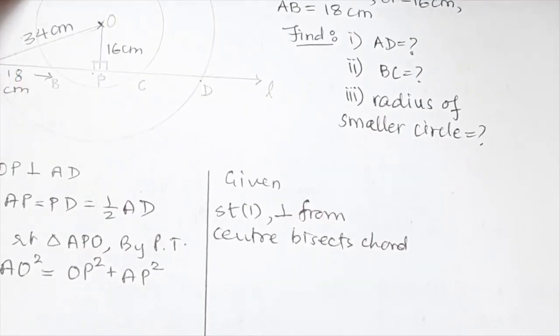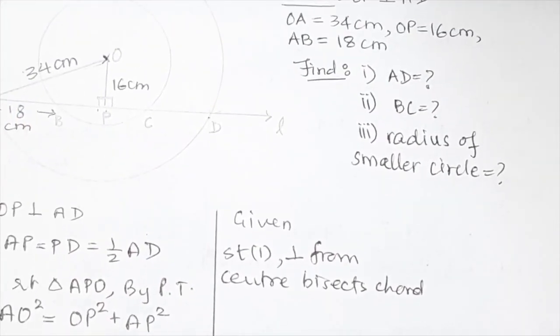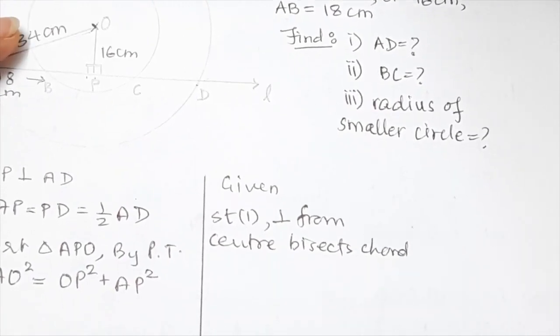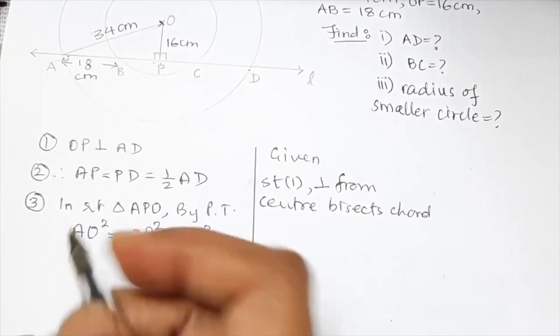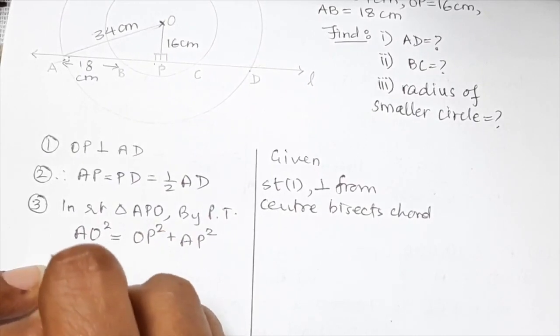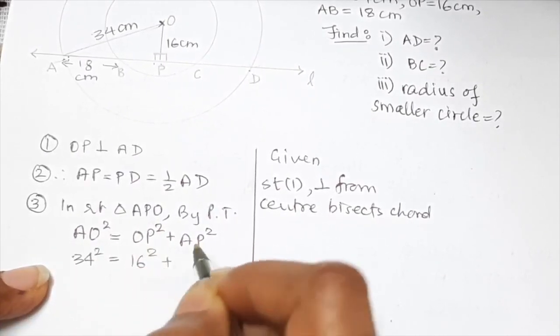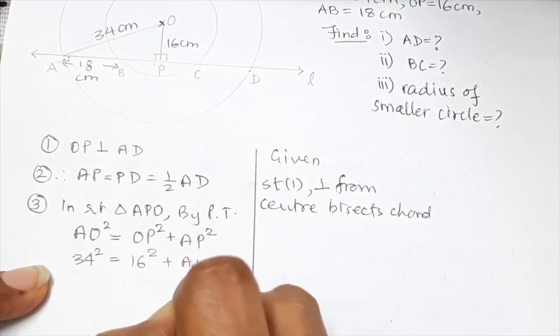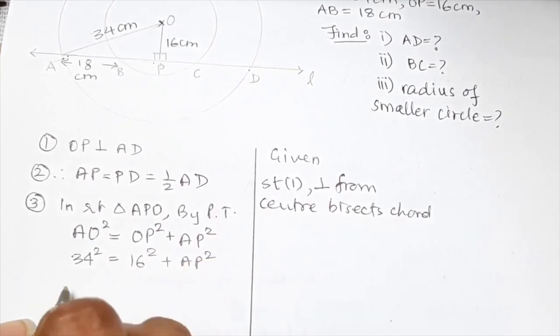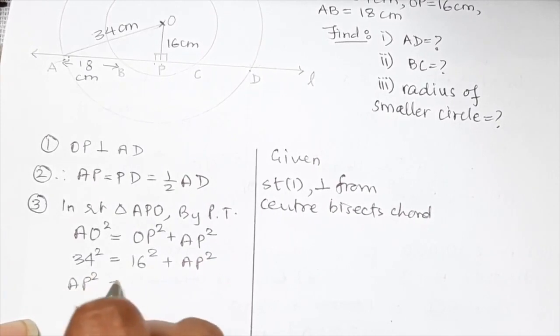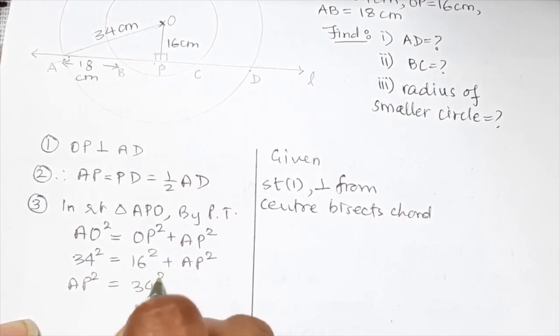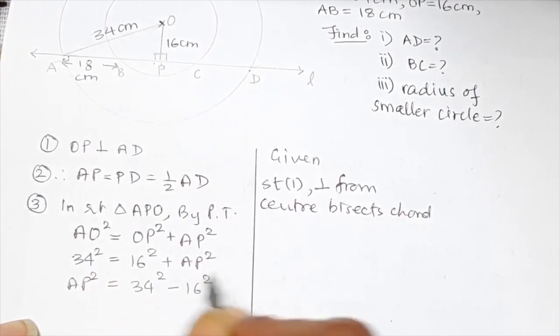Now we have to substitute. What I want you to do is draw the diagram, put it on pause, and then look at the solution, because each time I don't want to move this paper to show you the solution. So we are substituting. AO is 34 square equal to OP is 16 square plus AP square as it is, and so AP square will be equal to 34 square minus 16 square.